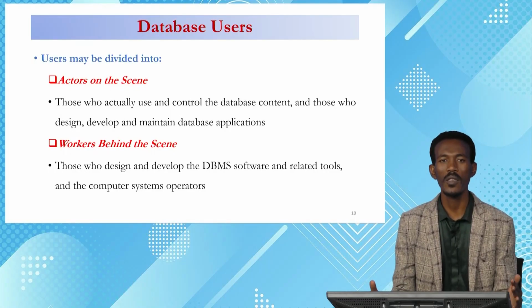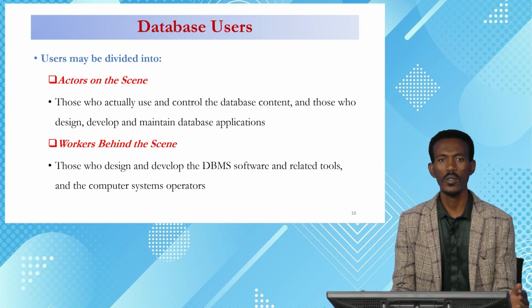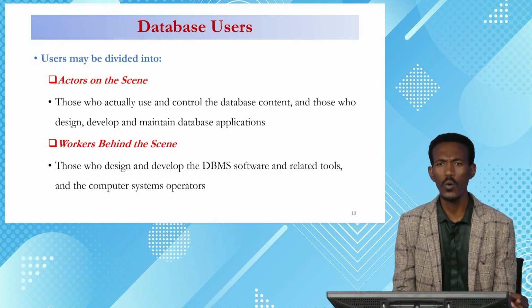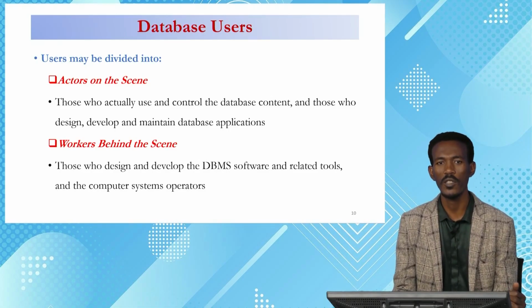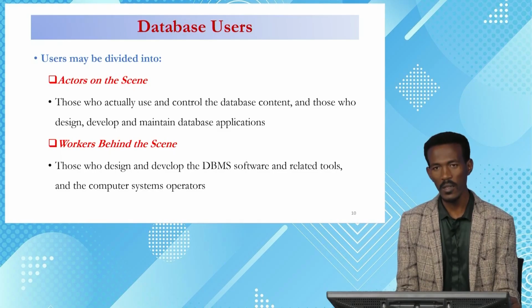The other important thing is that we have certain users of the database. That's what we call actors on the scene. Those are people who control the database content, like the database administrator and database designer, and the other people that we know are the users. Those are workers behind the scene.